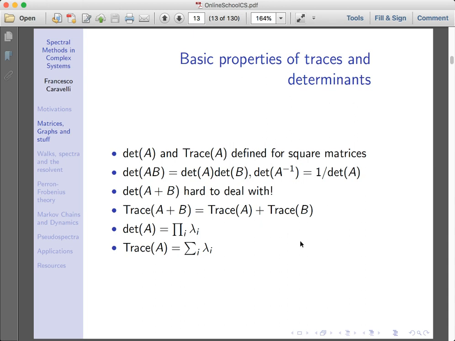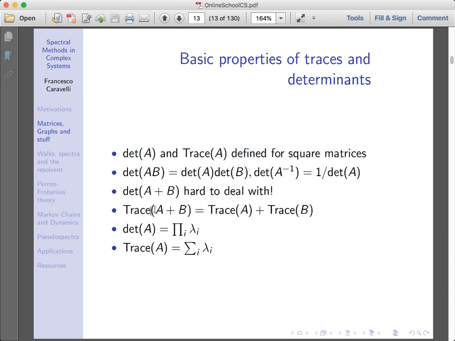For instance, the determinant of AB can be written as the product of the determinants of both matrices. And given this rule, it's easy to show that the determinant of the inverse is 1 over the determinant. One comment: the determinant of A plus B is not easy. Usually these are not well behaved in this sense.